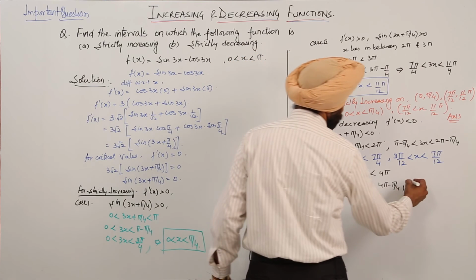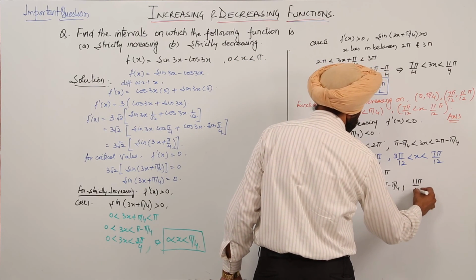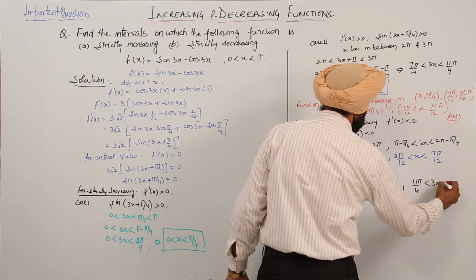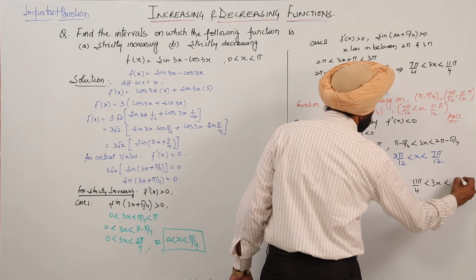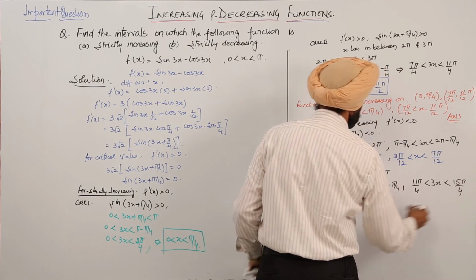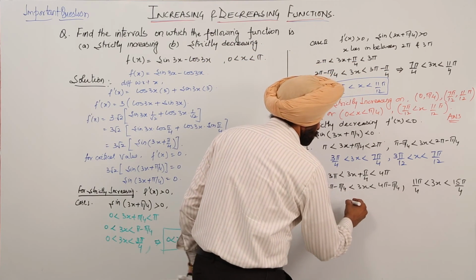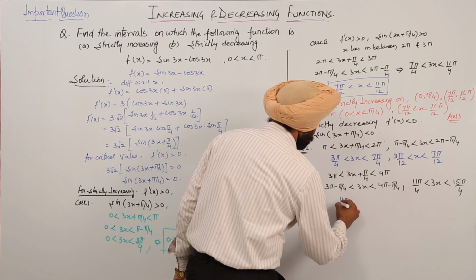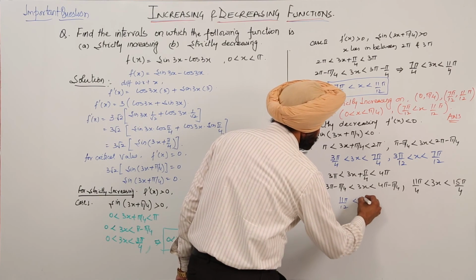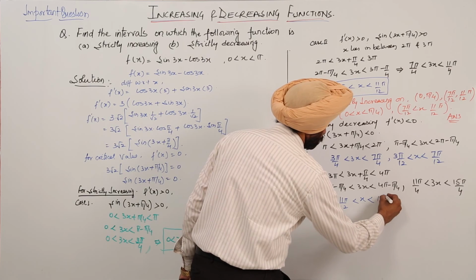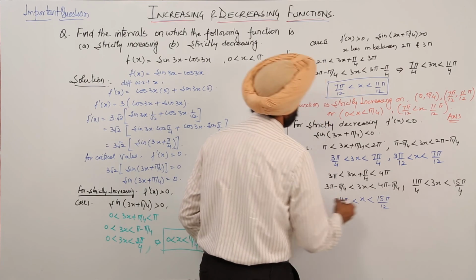This becomes 11 pi by 4 is less than 3x is less than 15 pi by 4, or we have 11 pi by 12 is less than x is less than 15 pi by 12.